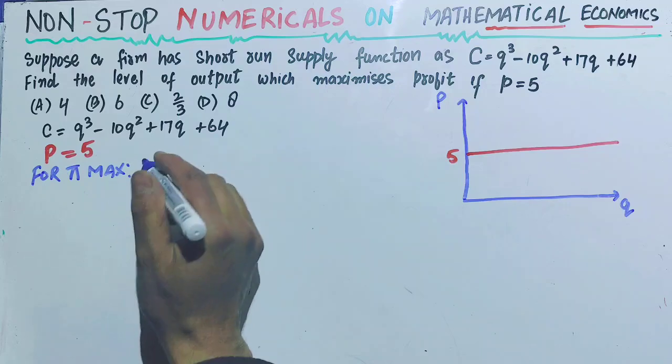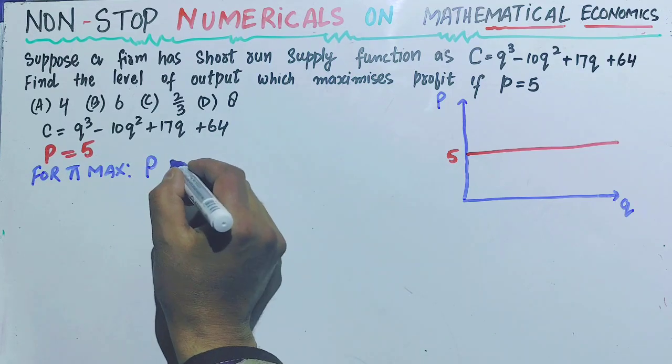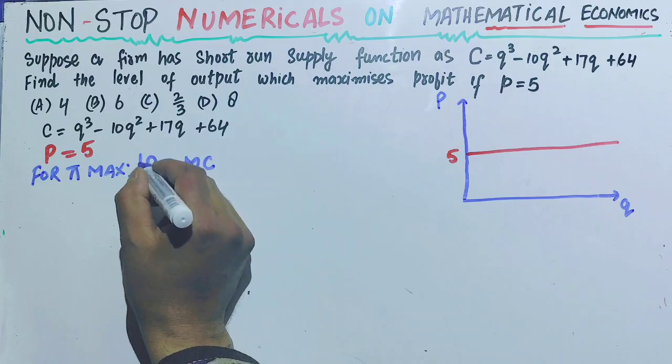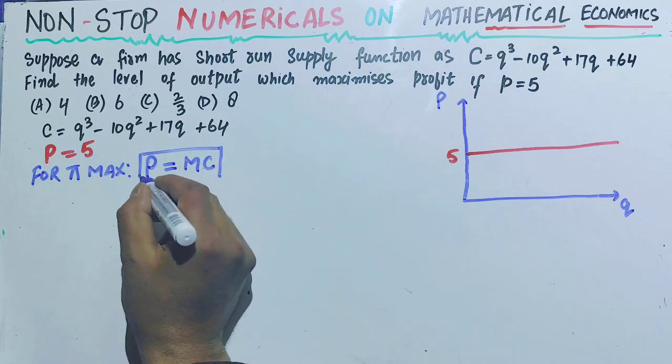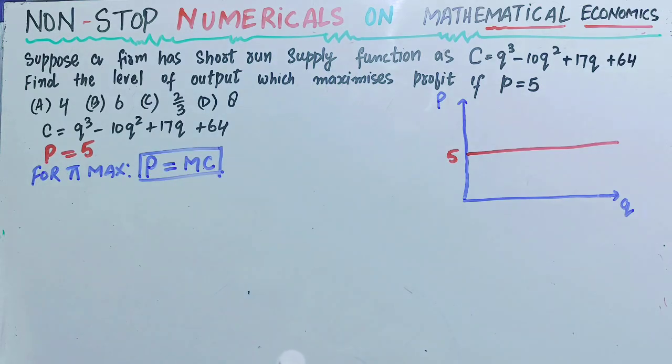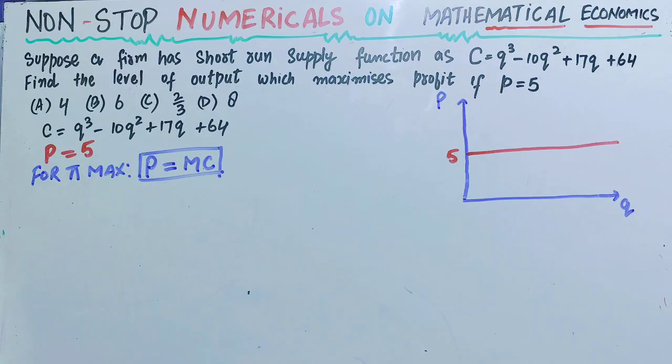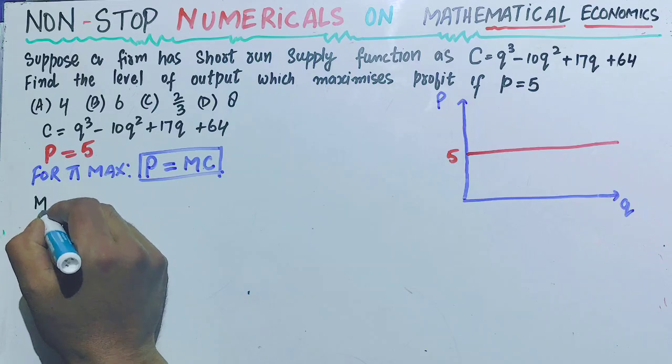In this case, since we have P, we equate price with the marginal cost. So the condition for profit maximization in case of perfect competition is that we equate price with the marginal cost. So first thing is that we need to find out the marginal cost.